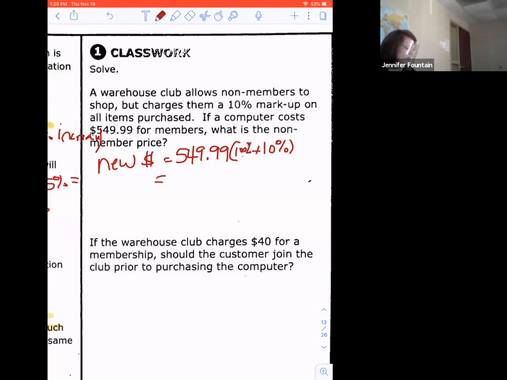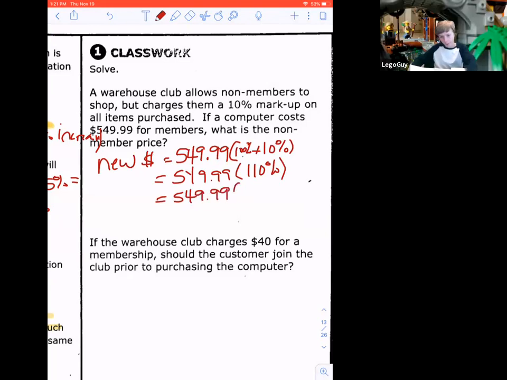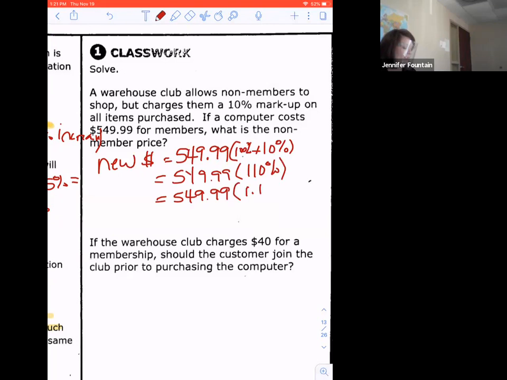Okay, so that means I've got $549.99, and I'm going to be paying 110%. What is 110% as a decimal? 1.1. Yeah, because I would just drop my percent sign and move my decimal 2 places to the left. So now I've got 549.99 times 1.1.